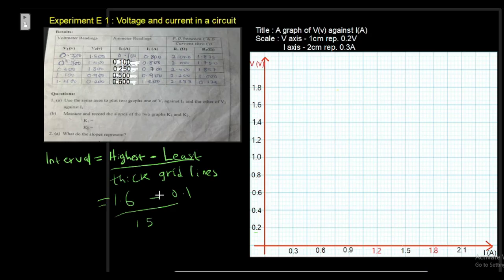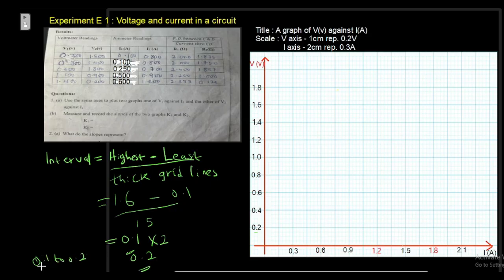You divide it by 15, we have 0.1. Then we multiply by 2, we get 0.2. So we choose any number from 0.1 to 0.2.